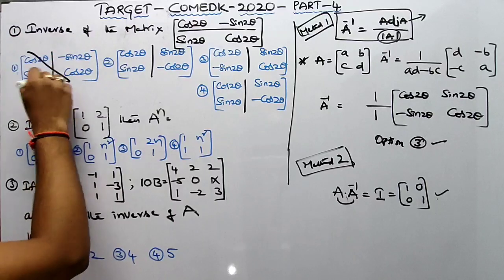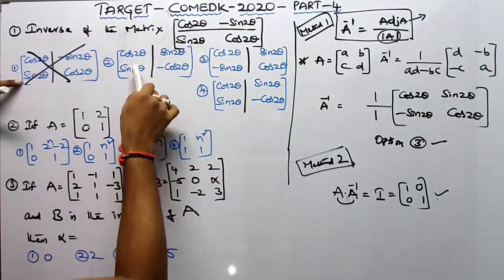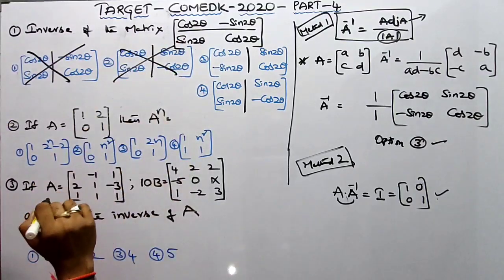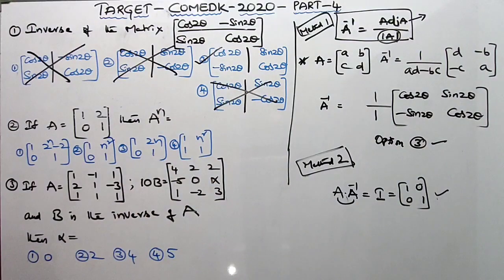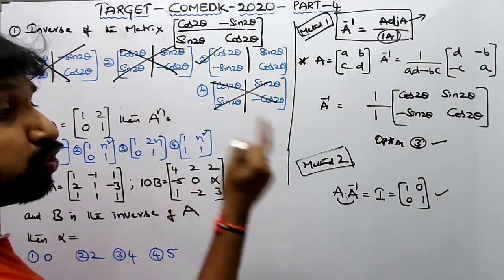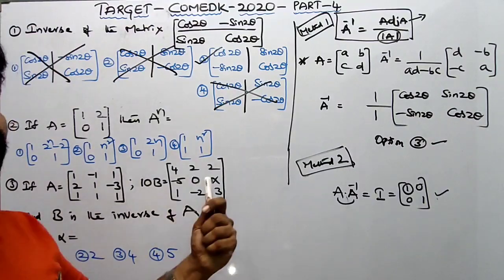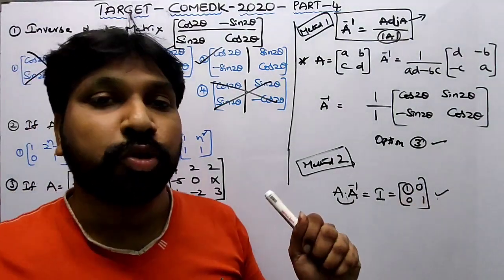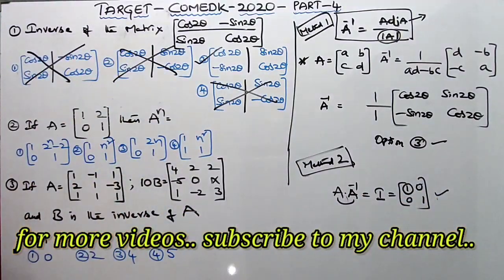So the first option is clearly a wrong answer. Next, cos 2θ again with the same cos 2θ, sin 2θ combination, so the second option is also wrong. Of course the fourth option is also wrong. You can directly evaluate the third option. By multiplication, the option that gives the element as 1 is the correct answer. If more than one option gives 1, then you should check the next element. By this approach also, you can solve the problem very easily, friends.